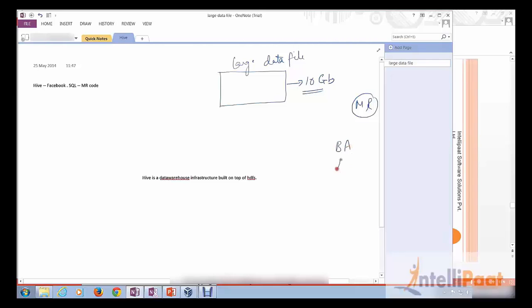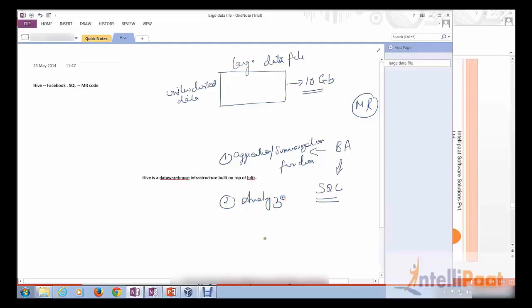Some of the business analysts may know SQL, and you have this large amount of unstructured data. What do the business analysts usually do? They run aggregation and summarization functions on tables, etc. Then they do data analysis, and they will have some pictorial representations like a bar chart or a pie chart.